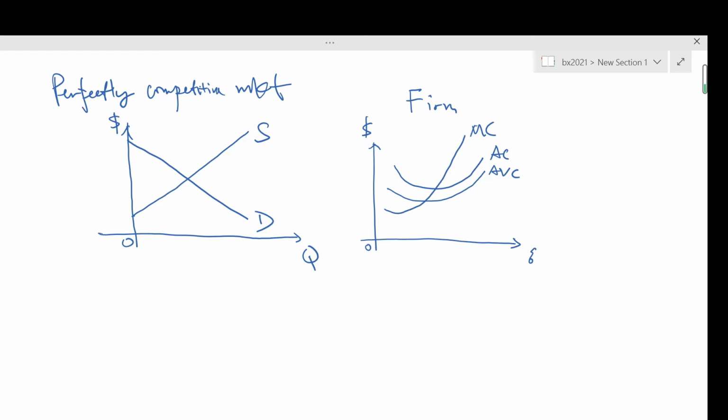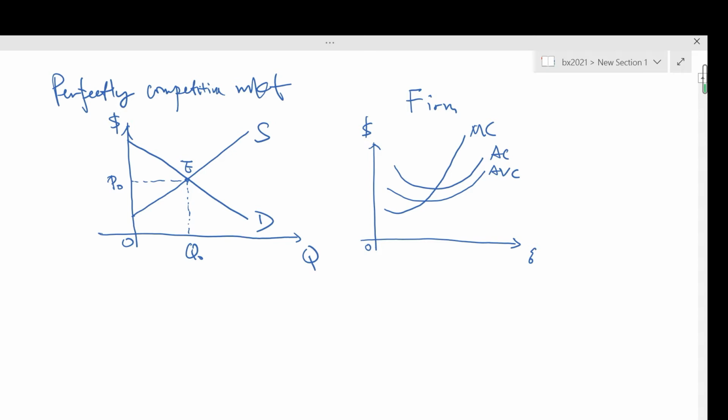Okay, so in this market, the equilibrium occurs at point E, where the supply intersects demand. That means the market price of P0, market quantity of big Q0.